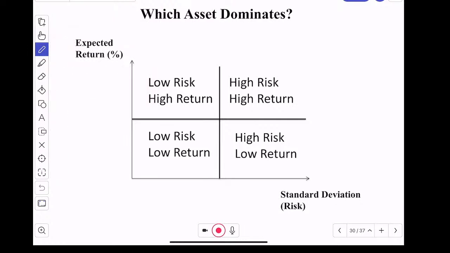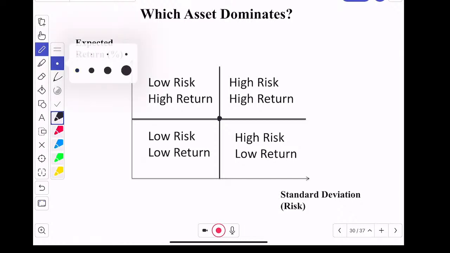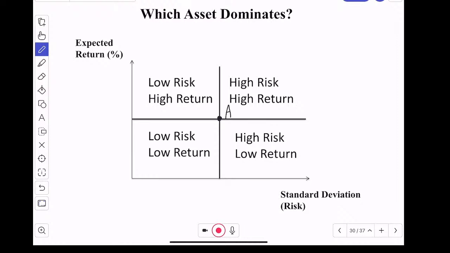And you can do that, like if I have an asset here, let's say, this asset A, this asset has lower risk and higher return than any of those down here.